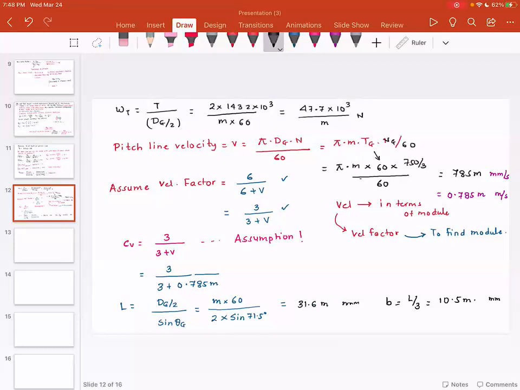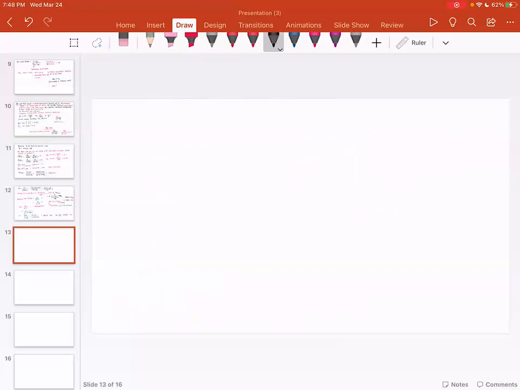Now with this, we can use the expression WT is equal to sigma O times Y prime multiplied by B multiplied by pi multiplied by M multiplied by Y times L minus B divided by L. And this equation, we already know these values.